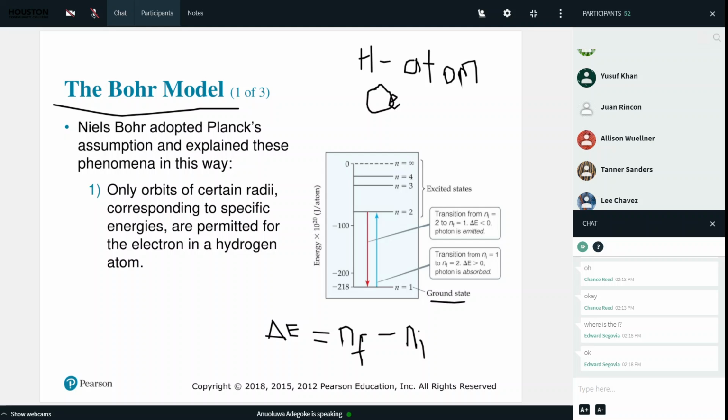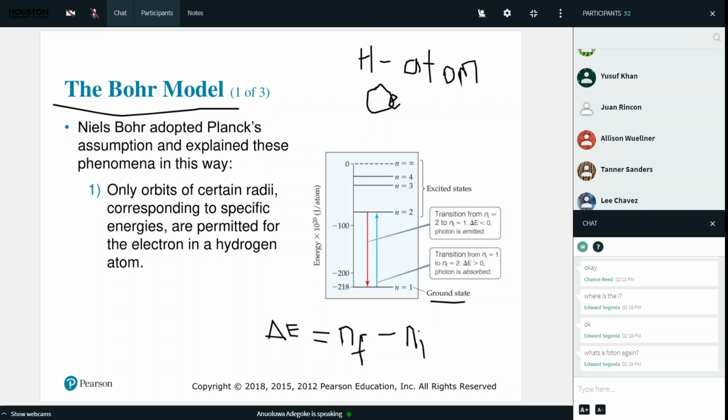By the way, a layman term for photon is light. So whenever a photon is absorbed, there is a transition from the ground state to the excited state. So for absorption, delta E is greater than 0.